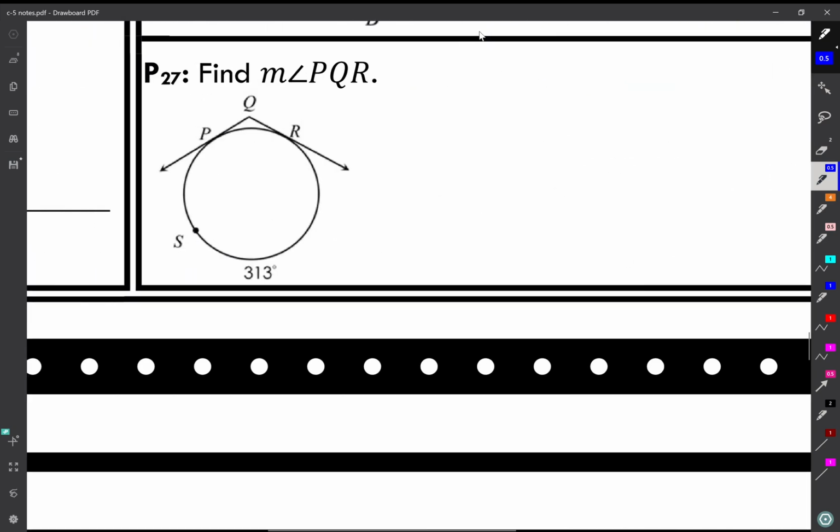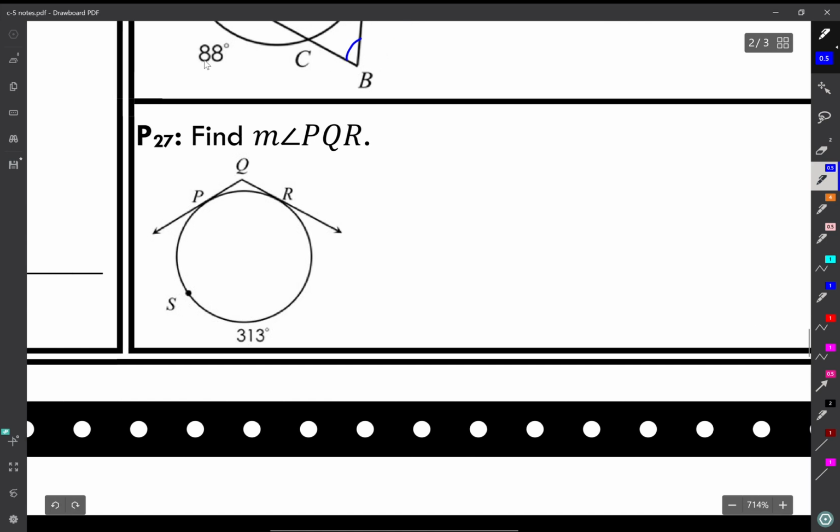Boom. Number 27. I've got two tangents here. My shortcut for doing two tangents, you just find that the angle is supplementary with the arc. So the arc PR is going to be 360 minus 313. So 360 minus 313 equals 47 degrees.